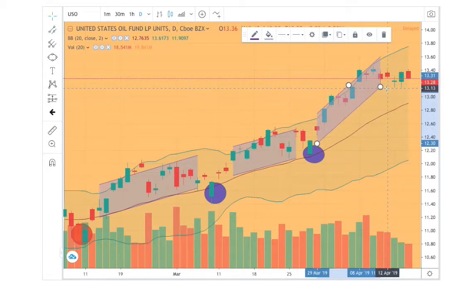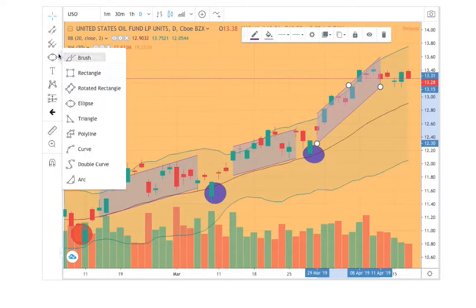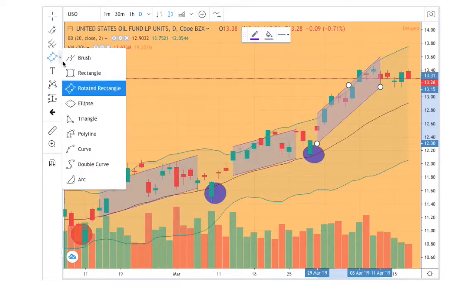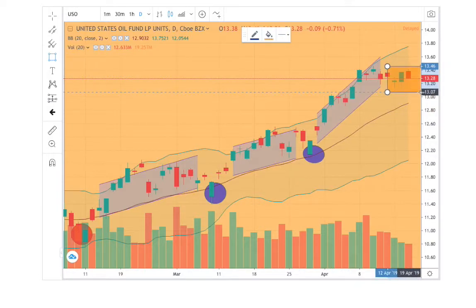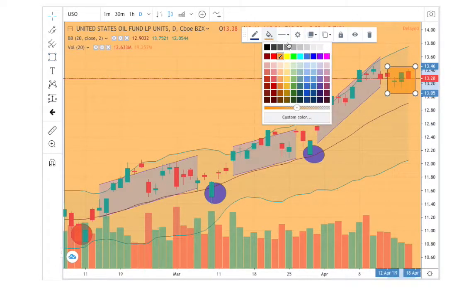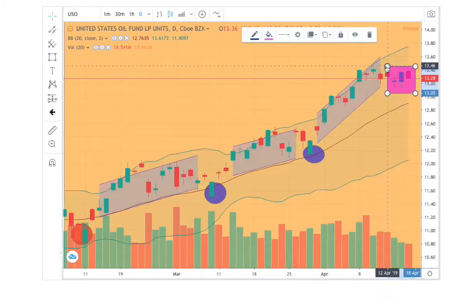And what we have here is it's in between the upper Bollinger Band and middle Bollinger Band, and we'll just make this a rectangle. So this is where we are currently at.